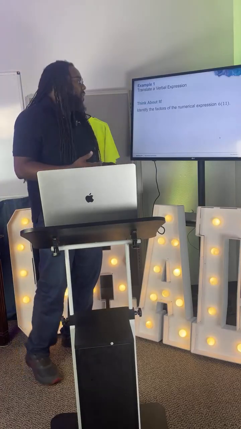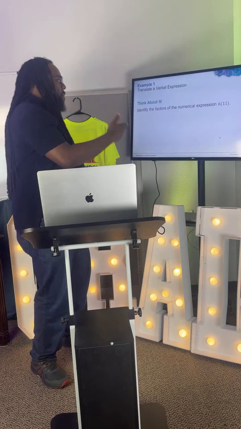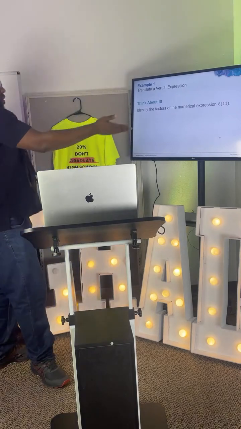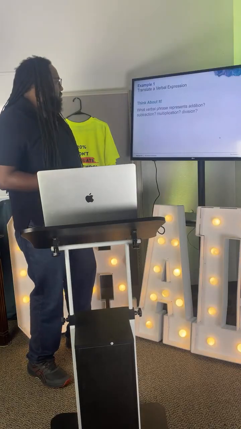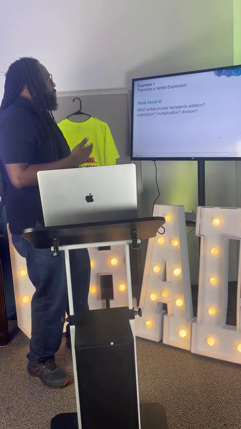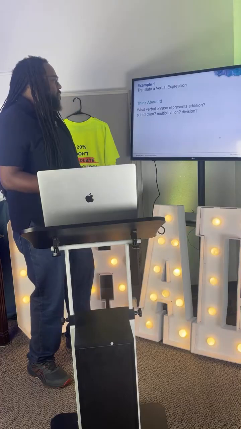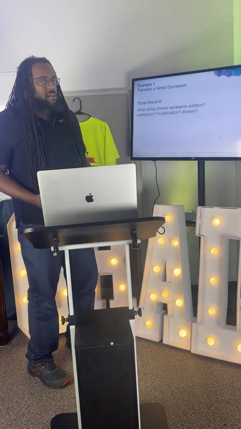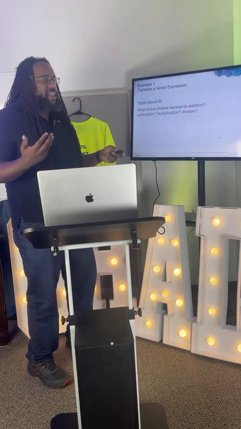So now let's think about it. Let's identify the factors of this numerical expression of 6 times 11. And what verbal phrases represent addition, subtraction, multiplication, division? And so you might be thinking about like, well, what does that mean?